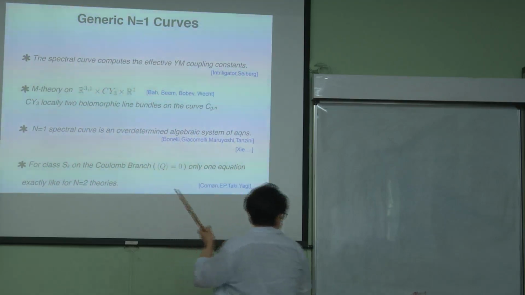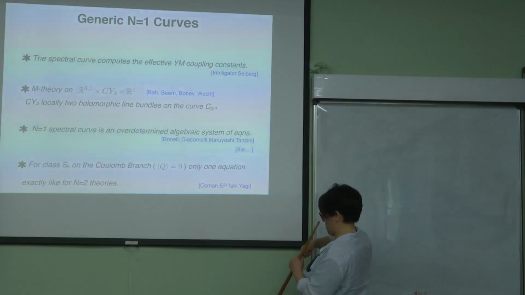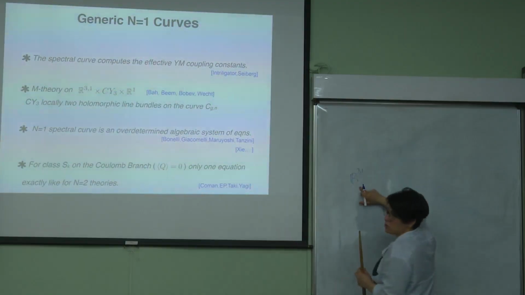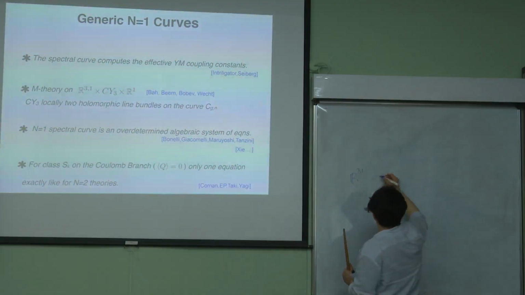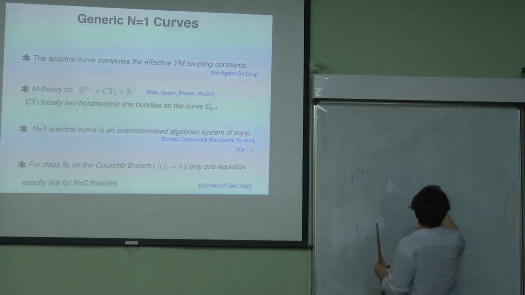Now, maybe let's first say, when you do N equal to 2 theories and you want to put them in M theory, what happens is that you have, of course, the 4 dimensions in which your gauge theory lives. And then you have this, where you see your SU2R symmetry.